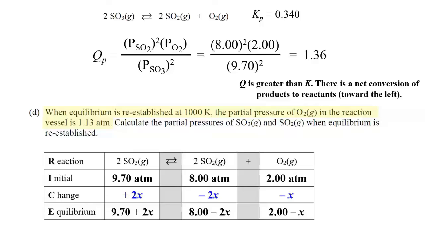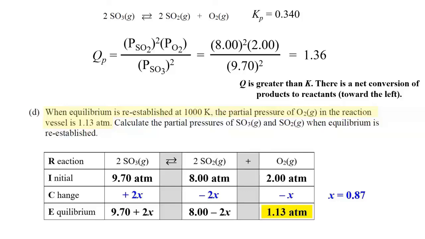So we can place that number in the final row of the rice table, just like we did in question 8. So 1.13 atmospheres goes right here. And now that we know the difference between 2 and 1.13 is 0.87, we've just calculated the value of x, we can fill in all of the amounts in the change row of the rice table with actual numbers and not expressions in terms of x.